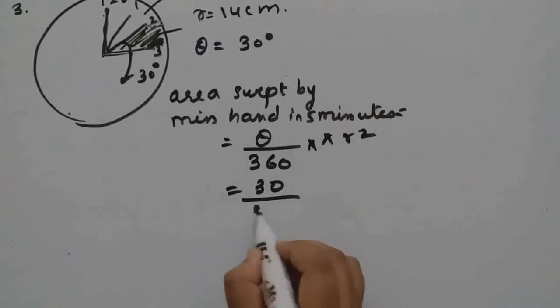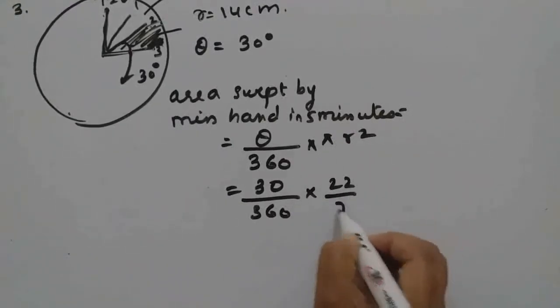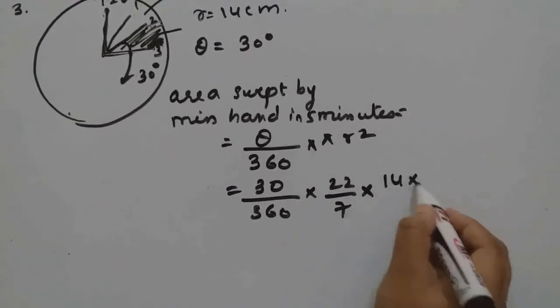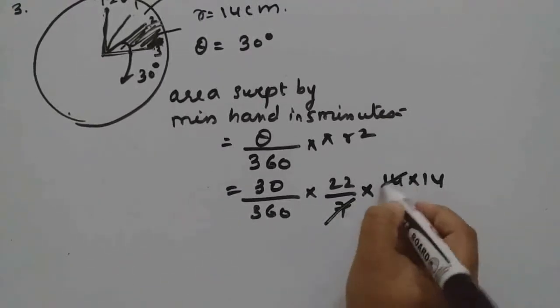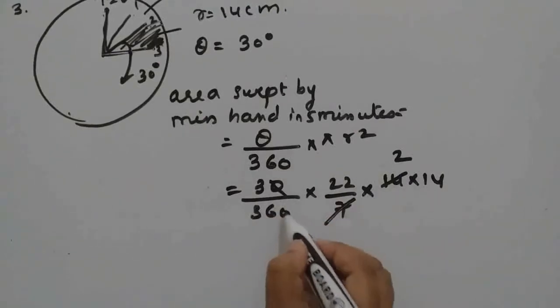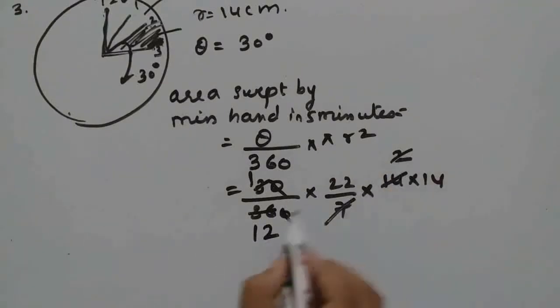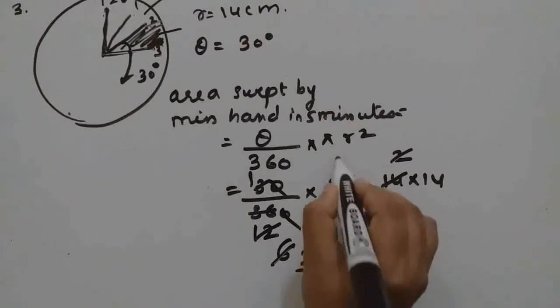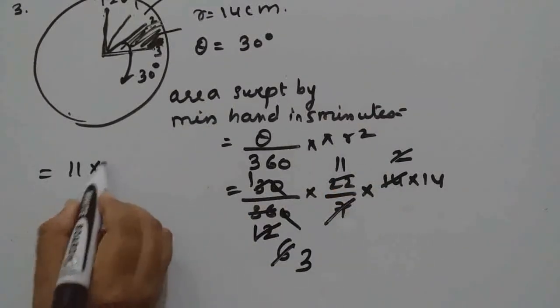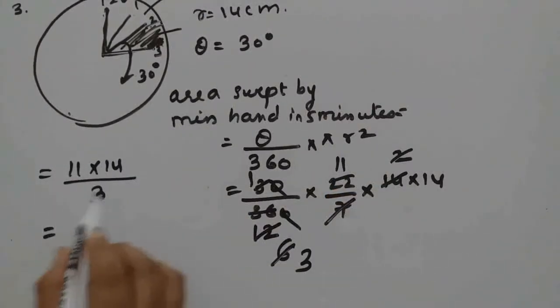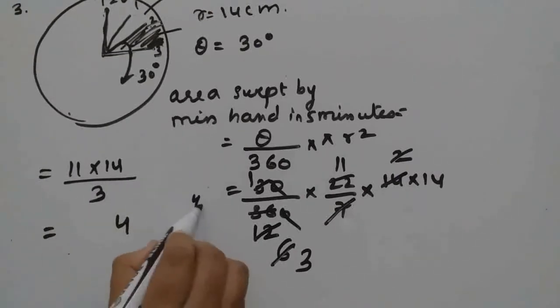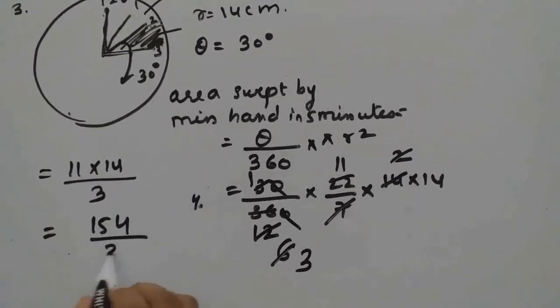So 30 by 360, 22 by 7, r is 14 into 14. So 14 will go, this will go, 3 1s are 3 2s are 6, then with 2 this will go, again it will go with 2, 11. So 11 into 14 divided by 3 centimeter square. This is the area swept by the minute hand.